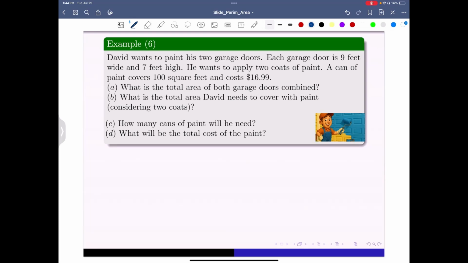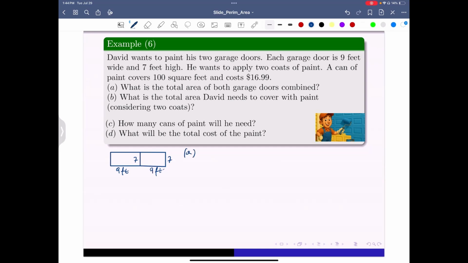All right, so we have two garage doors that are 8 feet by 7. So here is my 8 feet by 7 one garage door, and here we have another garage door 8 feet by 7. So the first one we have, I'm sorry, not 8 but 9 feet by 7, and here would be 9 feet by 7.